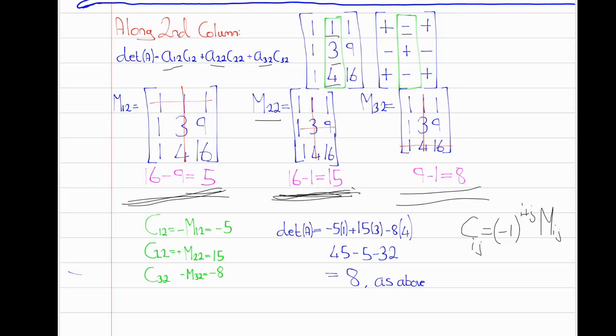Minus 1 to the 2 plus 2 is plus 1, so we just have 15. C32. So 3 plus 2 adds to 5, so that's going to be minus 1 times M32, which is going to be minus 8. So taking the product of C12 with A12, we're going to get minus 5. Taking the product of C22 with A22, we're going to get 15 times 3, which is 45, and C32, which is minus 8, multiplied by A32, which is 4, we're going to get minus 32. Sum that all up, gets to 8.